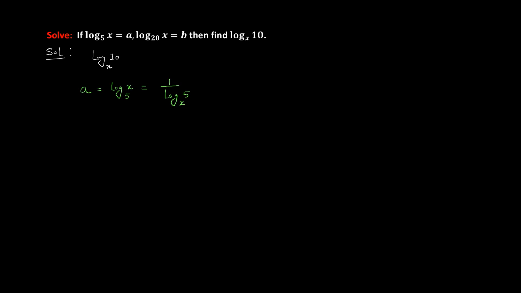If we use the change of base rule, what was that formula? Suppose we have log of a to the base b. We can write it as log of a to the base c divided by log of b to the base c.